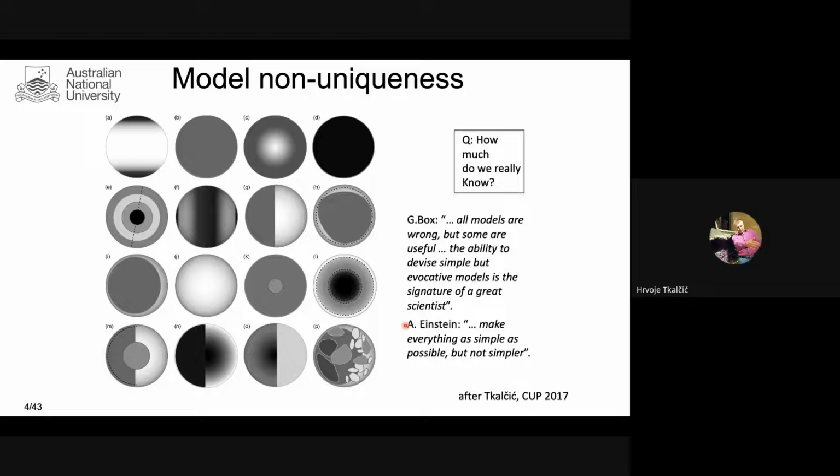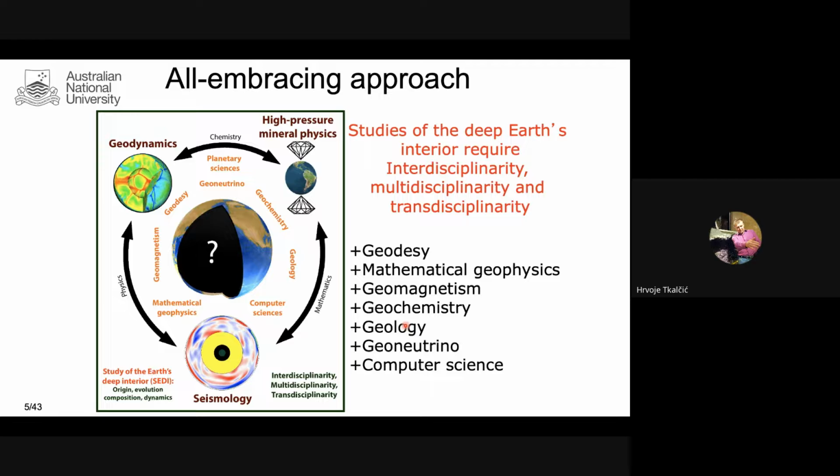We have to be extremely careful when we study the deep Earth, and this is something to keep in mind, right? This model non-uniqueness. So how do we address this problem? I think it's becoming increasingly clear that we have to collaborate with each other in the geophysics community, and particularly with geodynamics and mineral physics when it comes to the deep Earth.